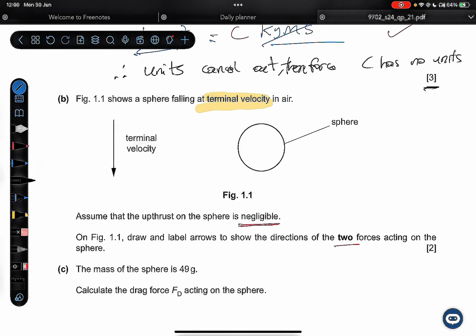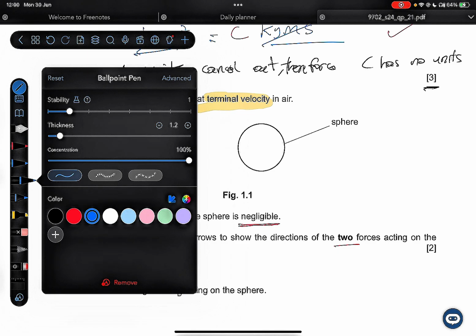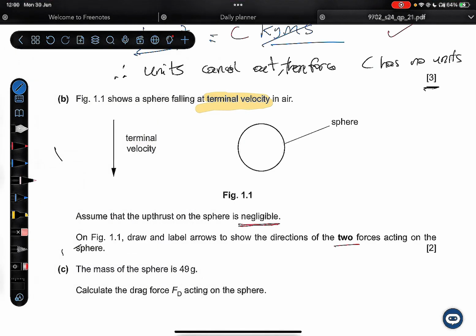Okay, good. So what forces could be acting on this sphere? In this sort of question, we're looking at what forces could be acting on the sphere. Of course, the sphere has mass, so since it's in air, the force of gravity acts upon it.